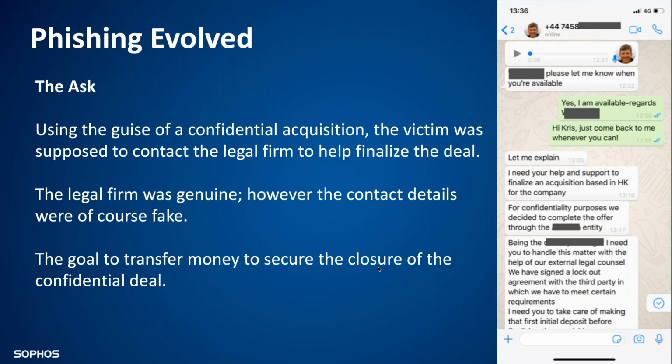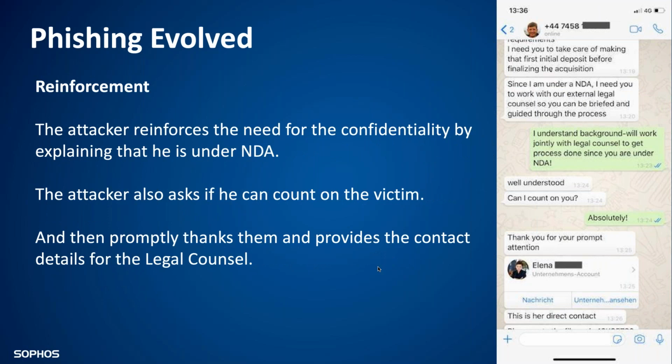And because this was coming from our CEO, they were reinforced with, hey, I'm the CEO, this is Chris Hagerman, I'm under an NDA, please do not share this with anyone else. Then they also prompted them to contact our legal firm. And the legal firm that they found, this attacker did their research.